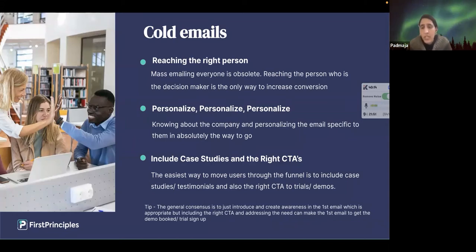So reach the person and then personalize as much as you can, right? See their pain point, research the company. It is time taking, I completely understand. We all like, okay, one template, plug it and play it. But the more you personalize, the more you actually reach out to their pain points, they will respond back.